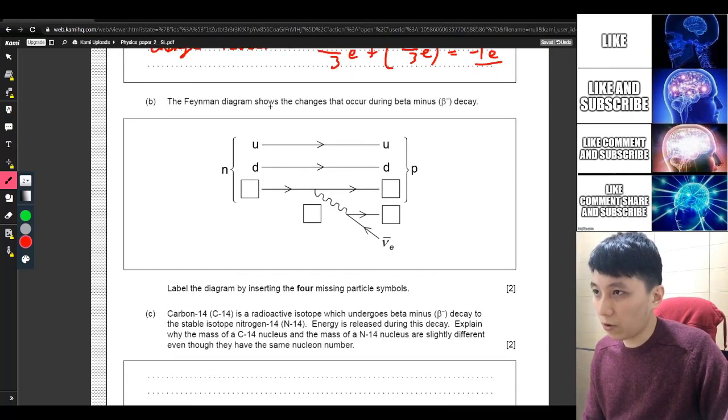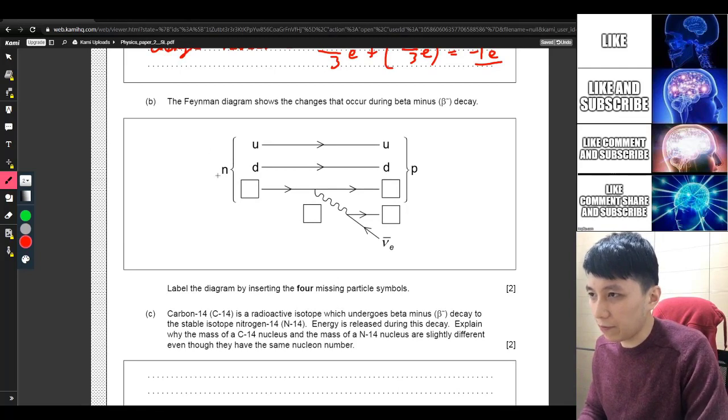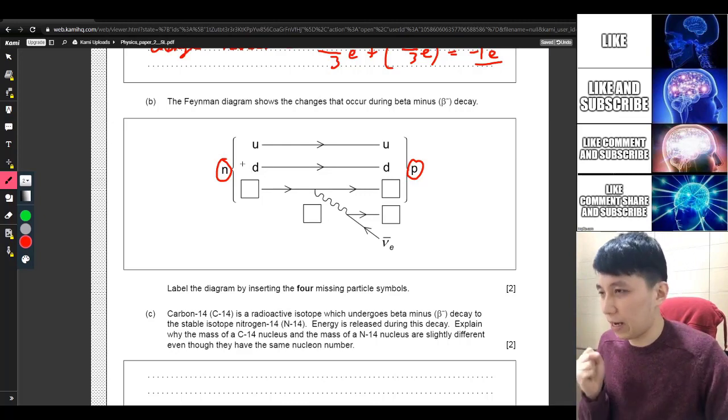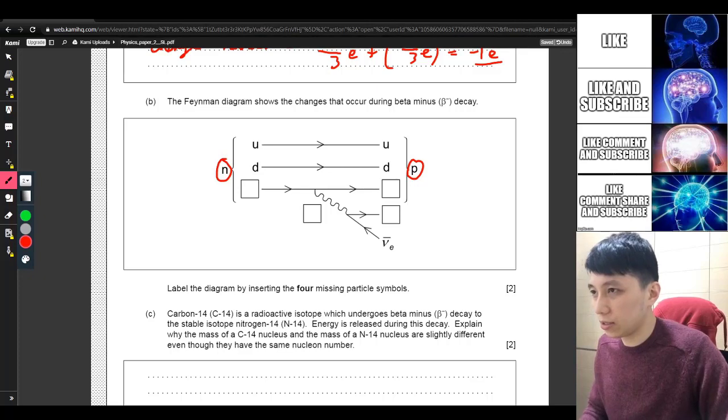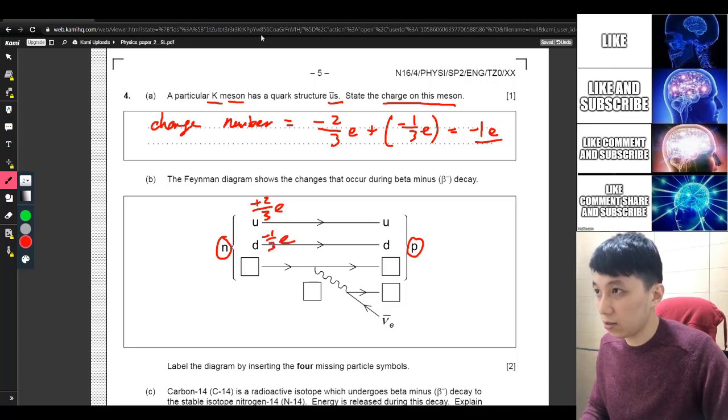Okay, here we've got a Feynman diagram and some blanks. Obviously I think we have to fill in the 4 missing particle symbols. So we have a neutron and proton, and you obviously have to realize, in case you don't remember their content, that you can check by recalling their charge. So for example, up is positive 2 over 3 e, and down is negative 1 over 3 e, right?